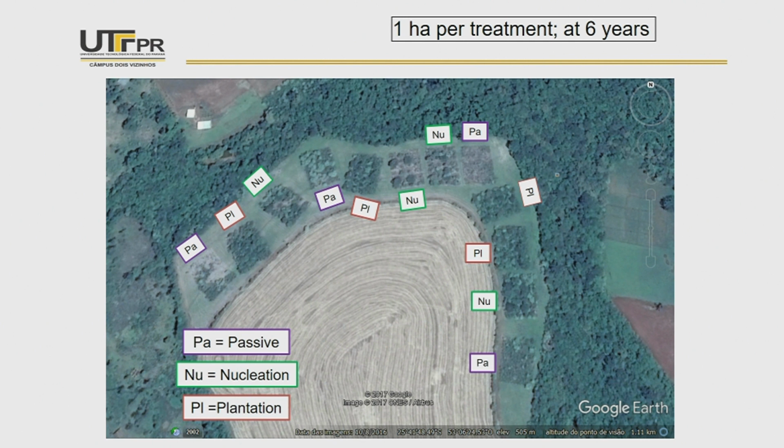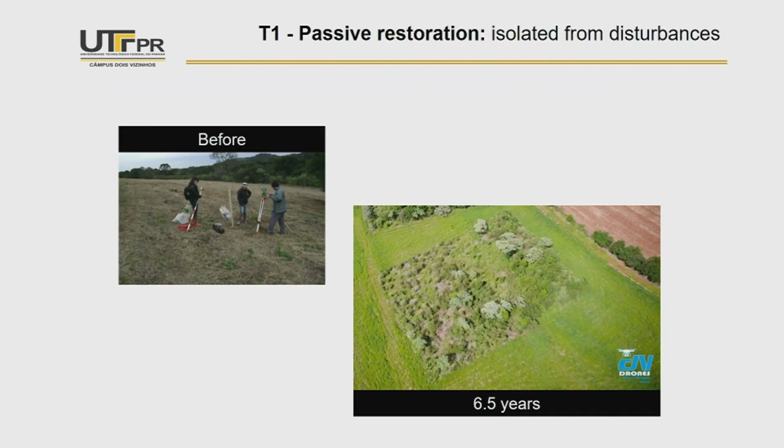Here at 6 years, you can already notice a clear difference between the treatments. Here are the plots, about 1 hectare per treatment. Here, before and 6 years after, in a passive restoration, where we just remove the disturbance.